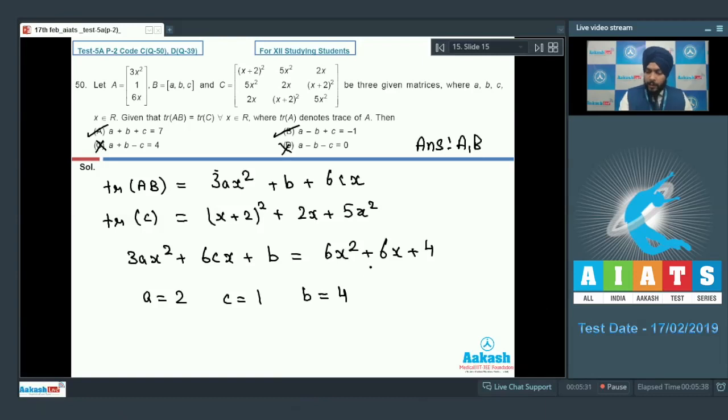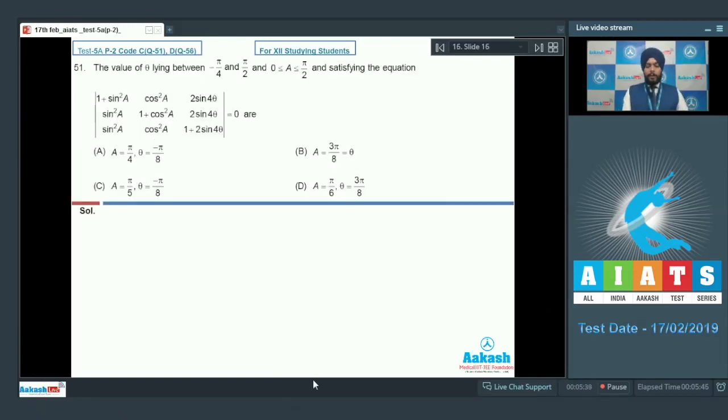A very simple one. Let us move on to question number 51. Question number 51 says that the value of theta lying between minus pi by 4 and pi by 2 and a belonging to the closed interval 0 to pi by 2 and satisfying the equation, this determinant given, equal to 0, are. Before simplifying this determinant, let us apply the elementary row operation: R1 goes to R1 minus R3 and R2 goes to R2 minus R3.